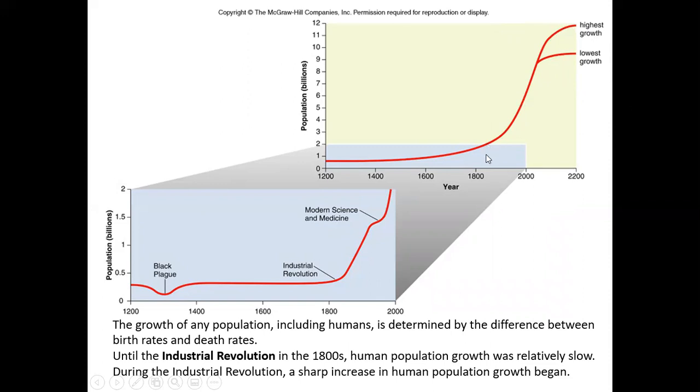But let's take just a brief, closer look at this lag phase area and what you might see if you zoomed in on this. About the year 1200, some estimates say we have about 300 to 400 million people on the earth. And then along comes something like the Black Plague, which is very deadly and kills roughly 200,000 people.